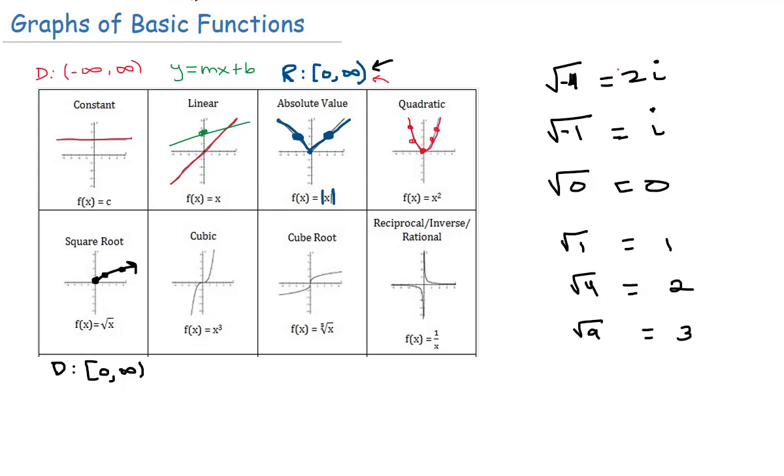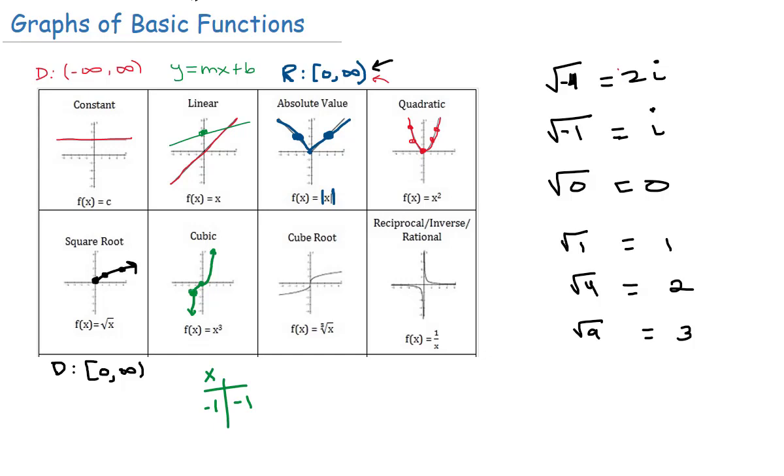Then the next one is our cubic function, that's x cubed. And this one looks sort of like a river shape. So it does have symmetry through the origin, similar to our example we did just a little bit ago. And we have some key points here. If you plug in -1, -1 cubed is -1, so that's why we're down here.